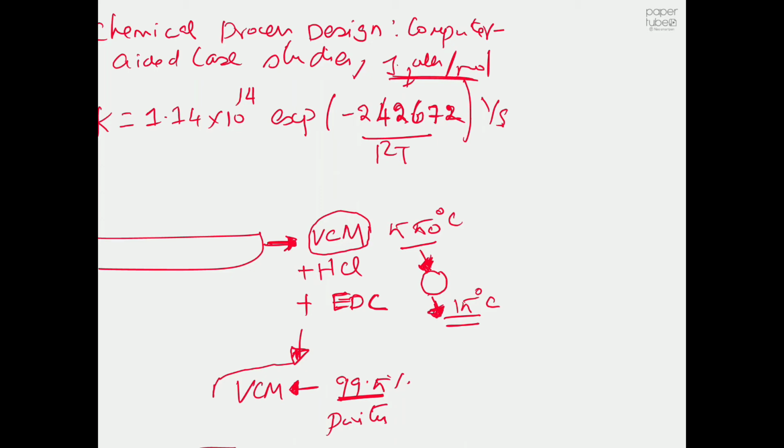Depending on the unit operation that follows, we can reduce the temperature according to the process conditions, like temperature and pressure, that we are going to maintain in the next unit operation used to purify this stream. In this case, I'm going to use distillation.